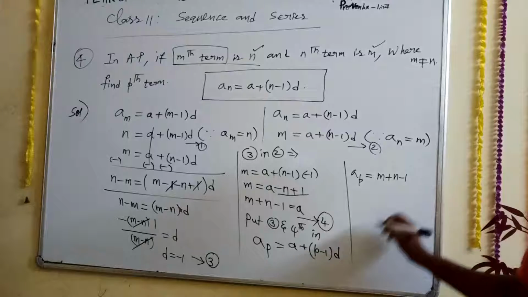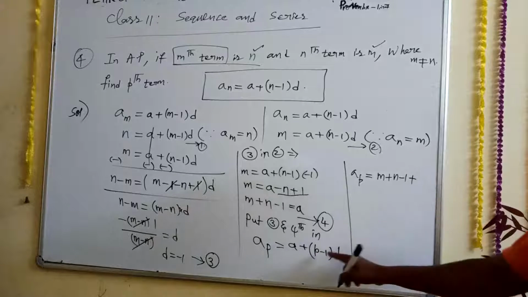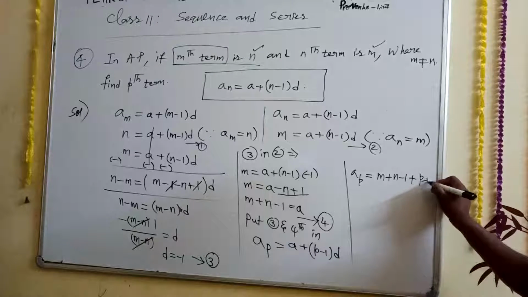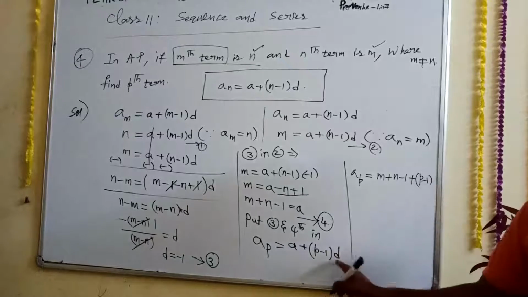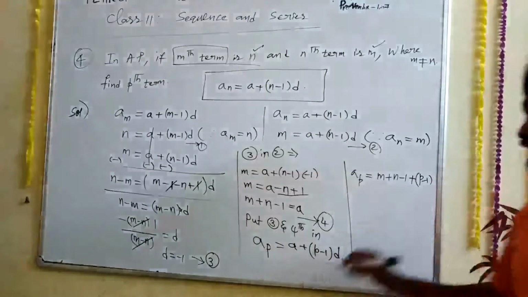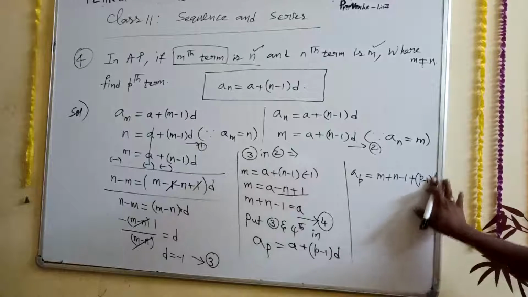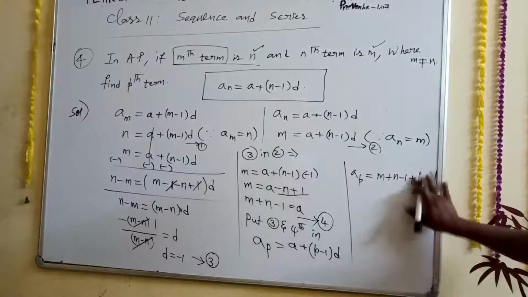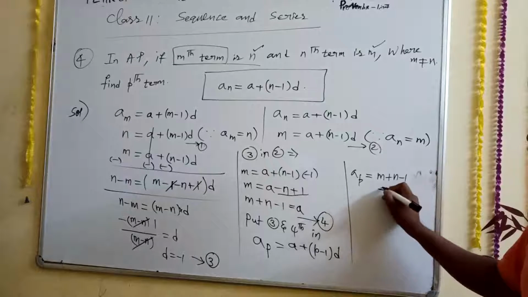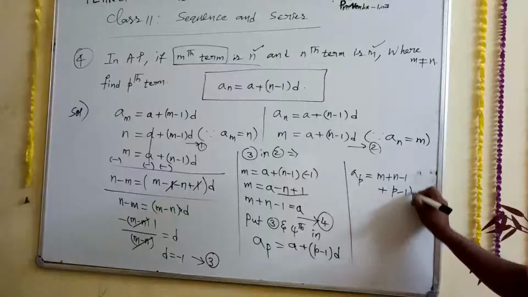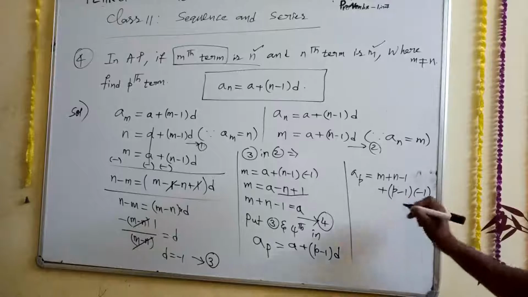Next, plus p minus 1 into d. How much did they say d was? Minus 1. Just substitute that minus 1. So plus p minus 1 into minus 1. Okay?